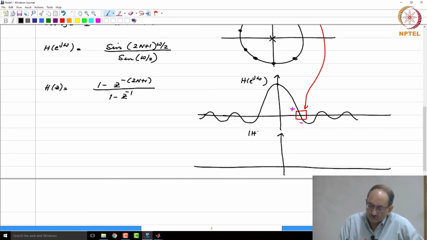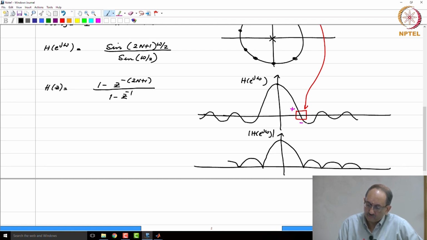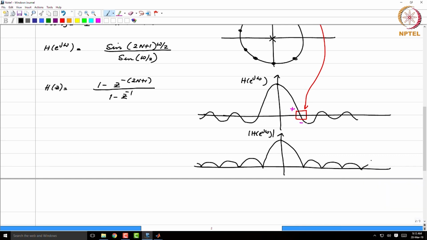Therefore, if you now plot this particular frequency response, that is magnitude for this particular case, then the response will look like this. So, this is magnitude.